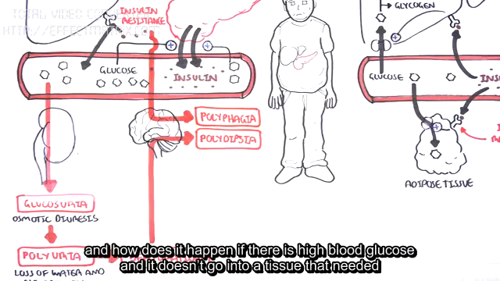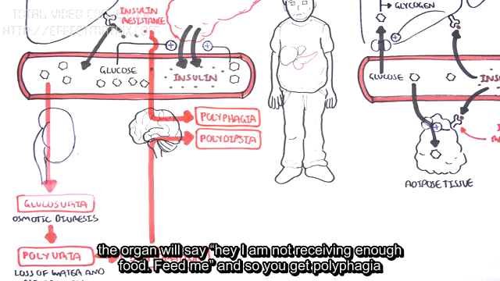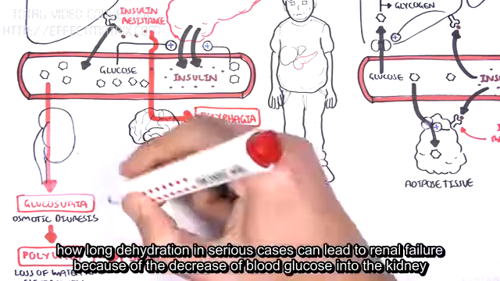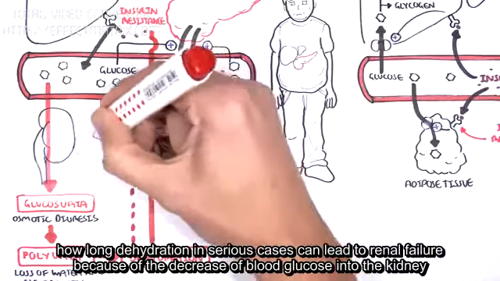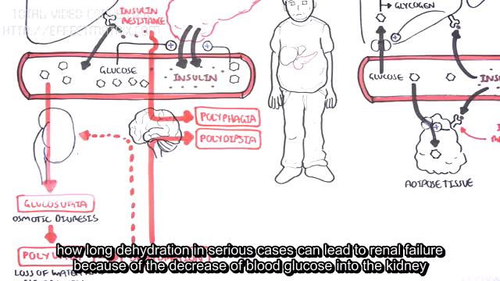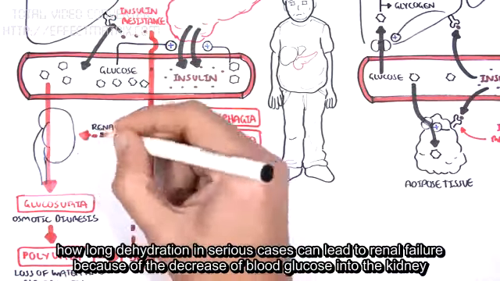And how does this happen? Well, if there is high blood glucose and it doesn't go into the tissues that need it, the organs will say, hey, I'm not receiving enough food, feed me. And so you get polyphagia. Prolonged dehydration in serious cases can lead to renal failure because of the decrease of blood flow going to the kidneys.